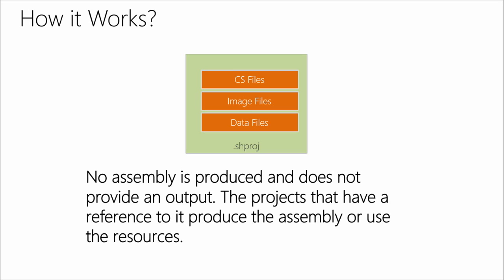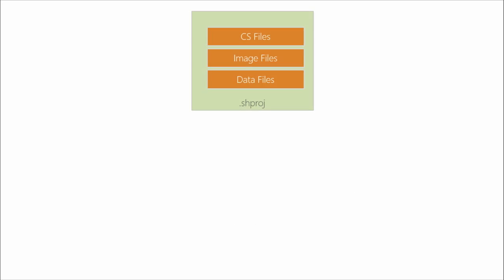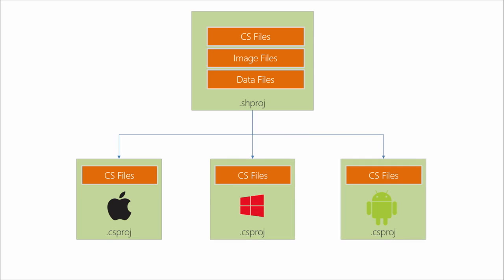The projects that reference it will take that code and produce the assembly for you. So the shared projects don't actually produce anything. So essentially the iOS, the Android, and the Windows application will have a reference to the shared project, and it will pull in those files at compile time and compile it into its own assembly.